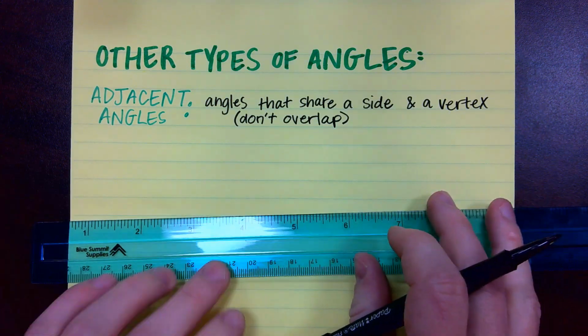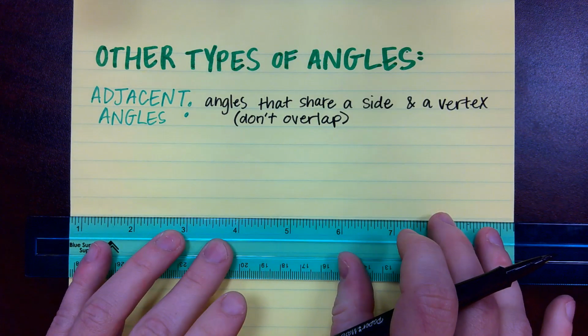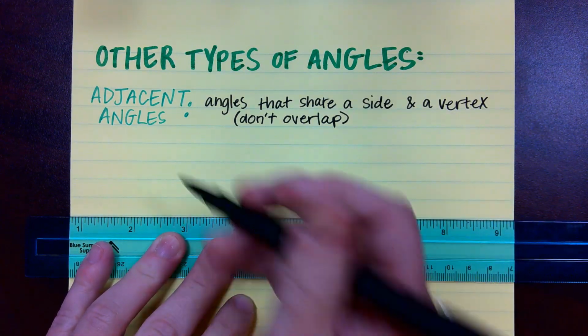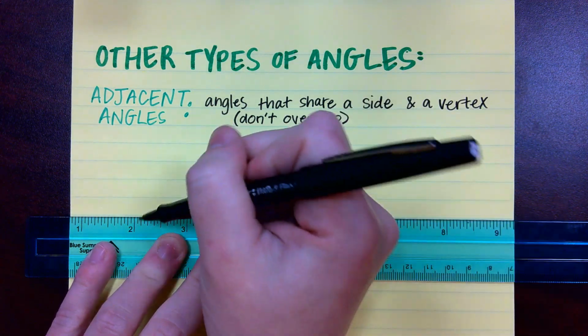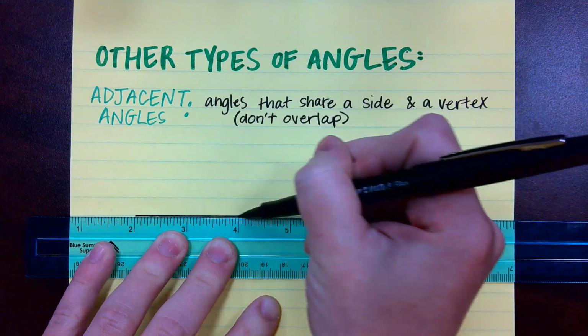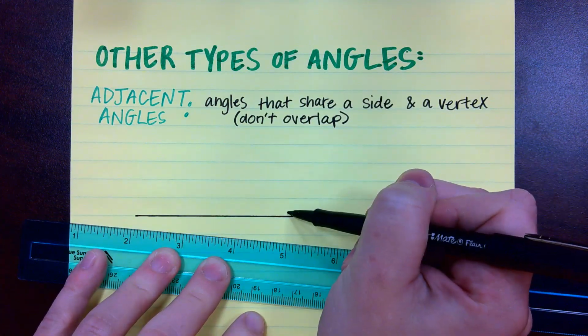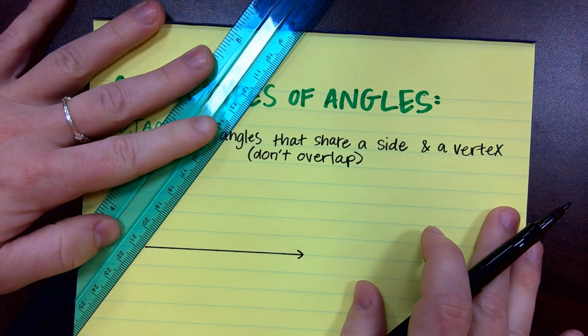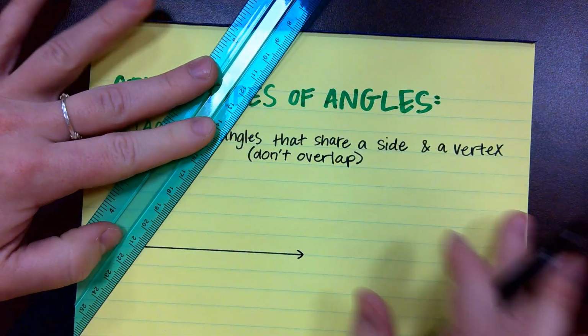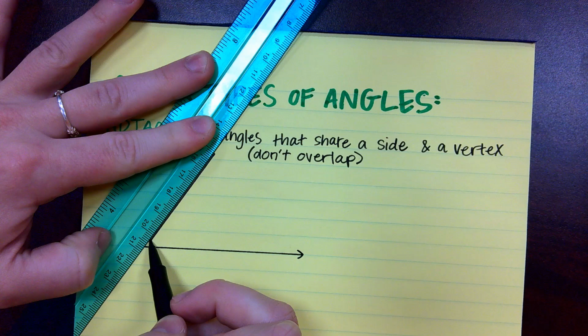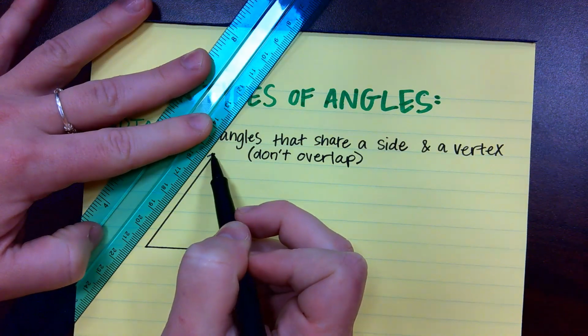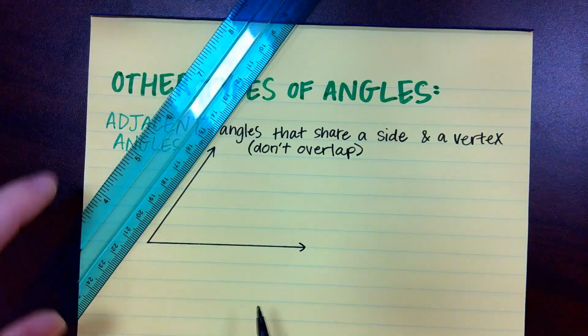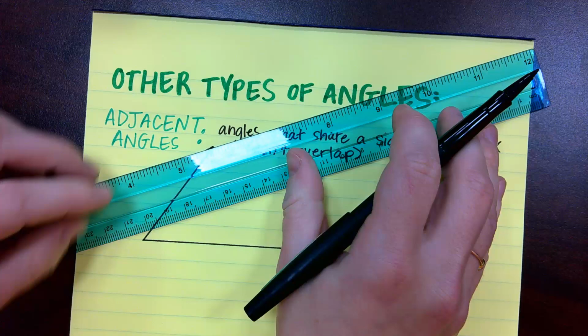So, for example, if I were to draw an angle here, I'm just going to put a random line somewhere in the middle.